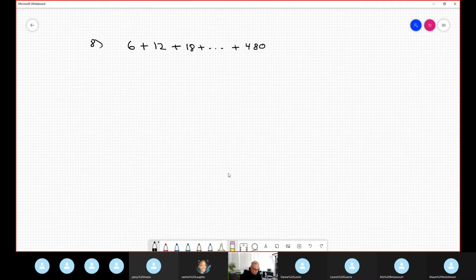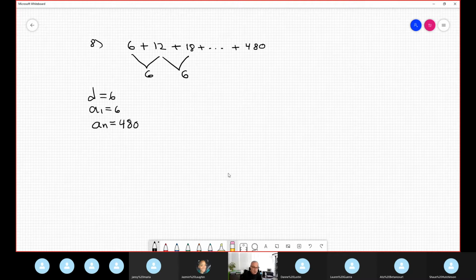Okay, quickly identify that we are working with an arithmetic sequence because the common difference is 6: 12 minus 6, 18 minus 12. The d is 6, and A sub 1 is 6, and A sub n is 480.